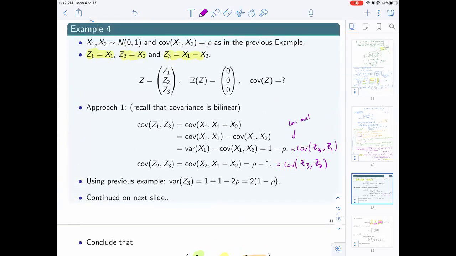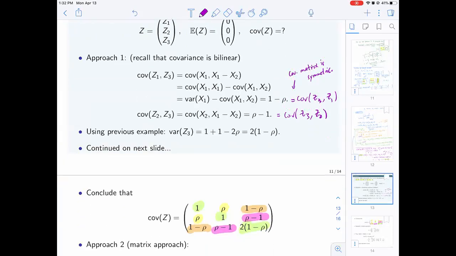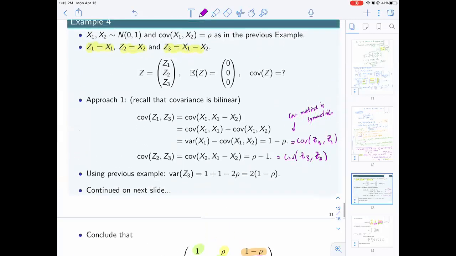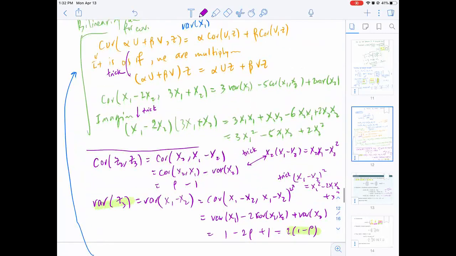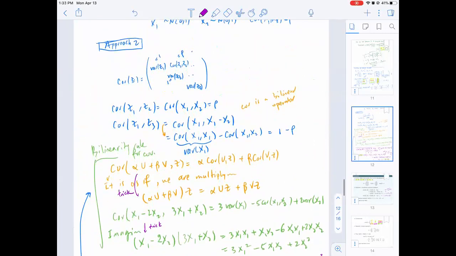Covariance matrix is symmetric. Okay, question? Comment? So I'm going to say that.